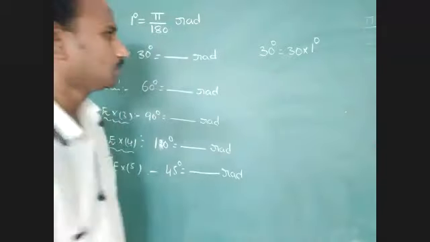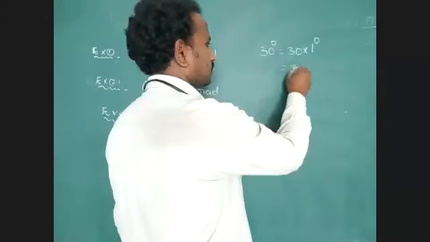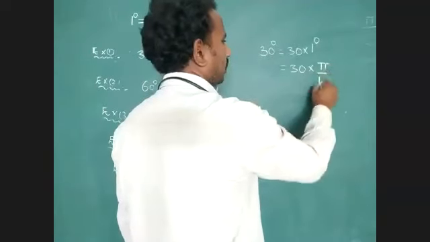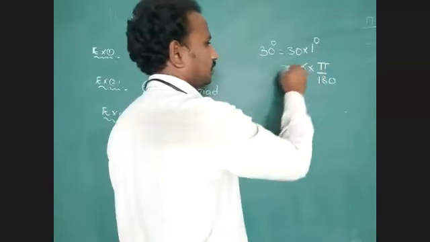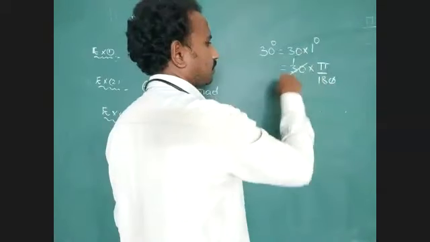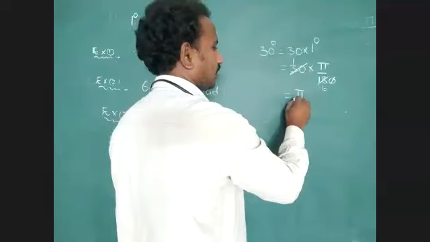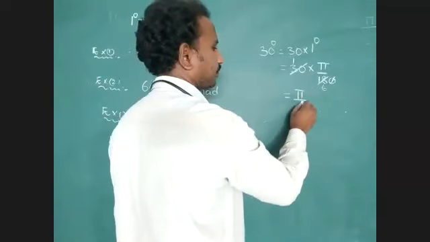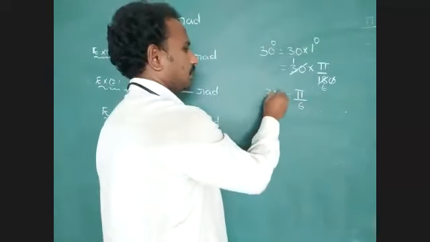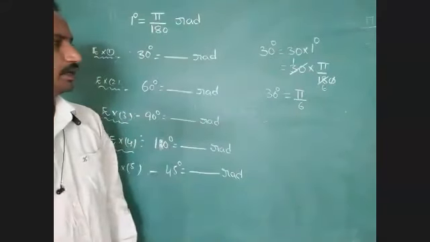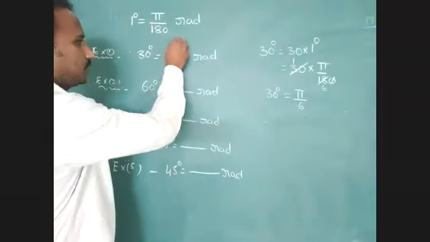Substitute 30 into pi by 180. Here the zeros get cancelled, 3 goes 1 time, 3 goes 6 times, means pi by 6. So 30 degrees is equal to pi by 6.